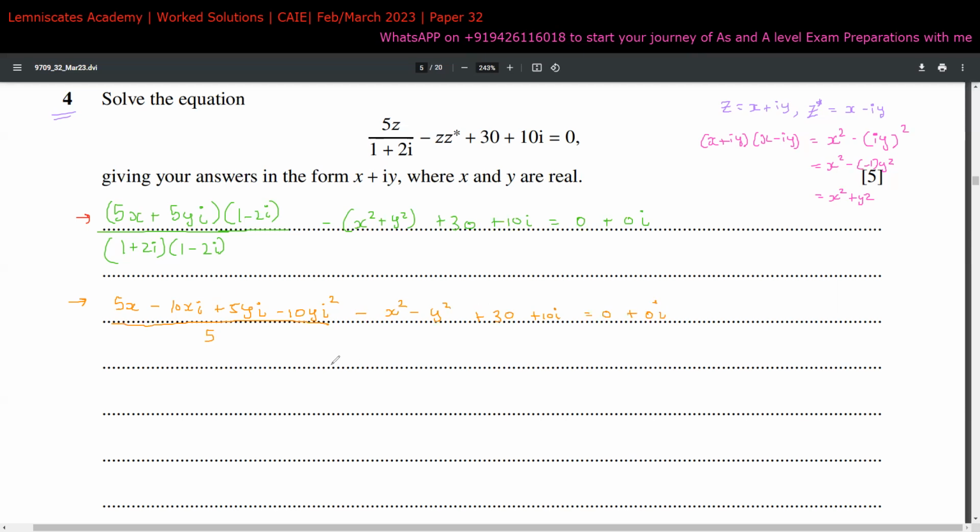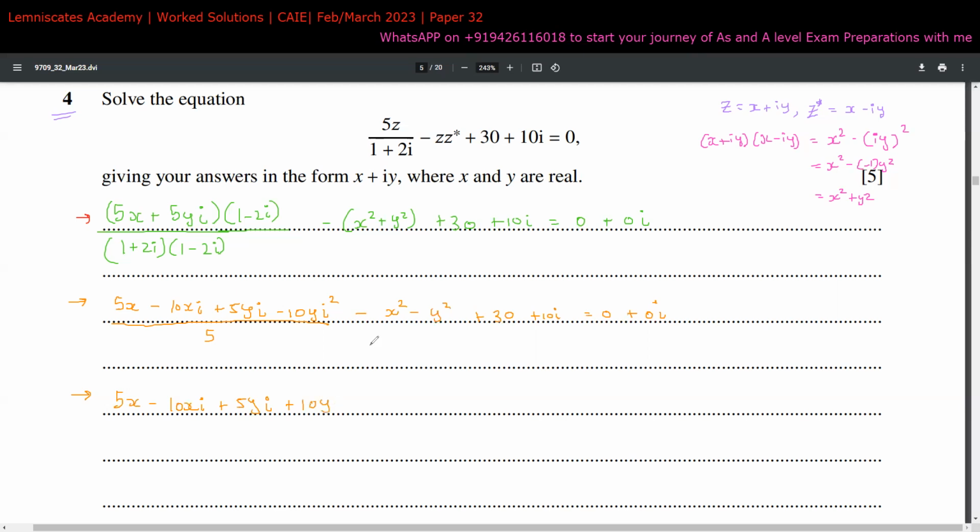Now I can just simplify this whole equation and multiply both sides by 5 to get rid of this denominator. So in the first term, if I multiply by 5, this 5 and that 5 will get cancelled out. And this will become 5x minus 10xi plus 5yi. i square is basically -1. -1 into -1 becomes positive.